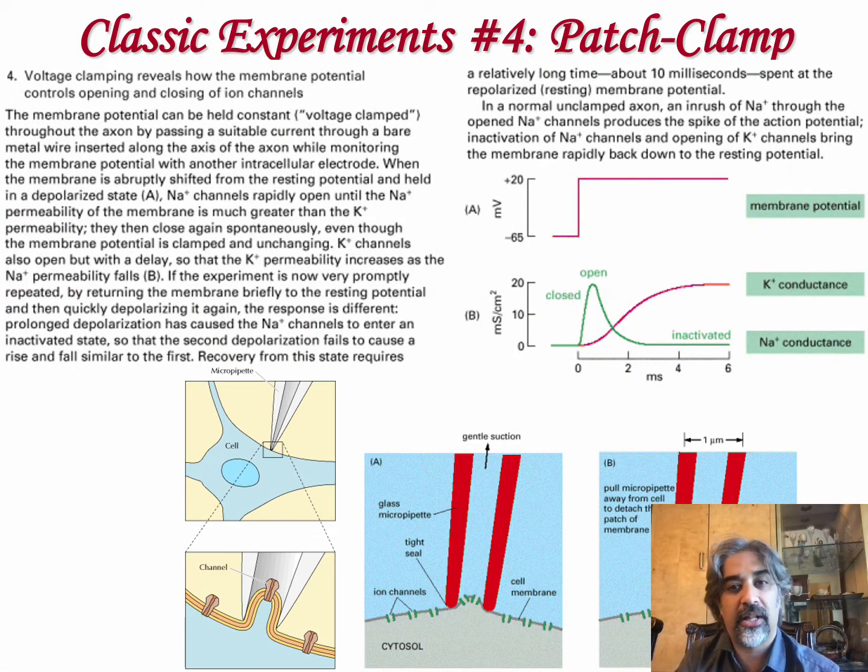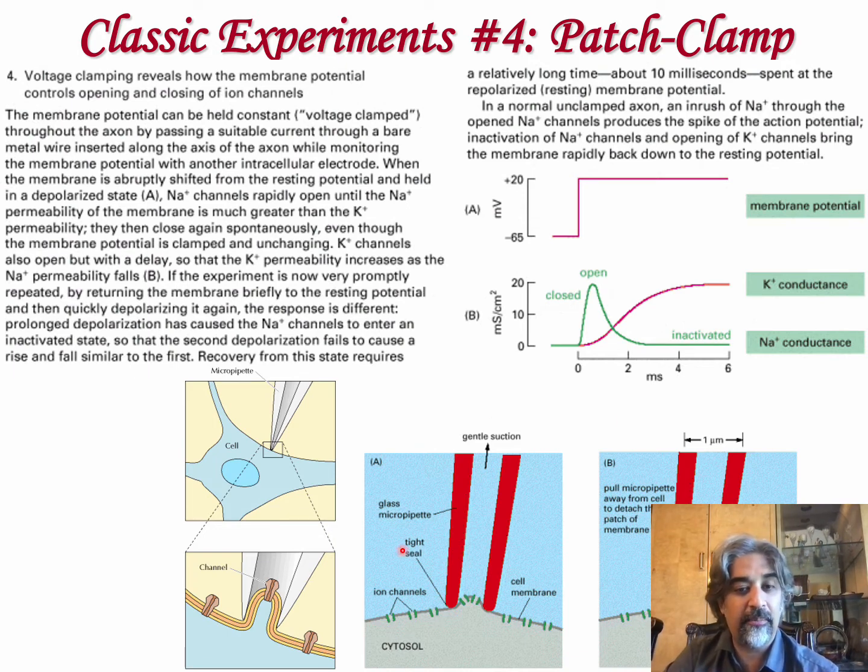Then there's the patch clamp technique. So what this means is you take a micropipette and squeeze off just a little tiny bit of the membrane. You can get such a small piece that you could get one channel and see how it works, when you're using the toothpaste situation as well.